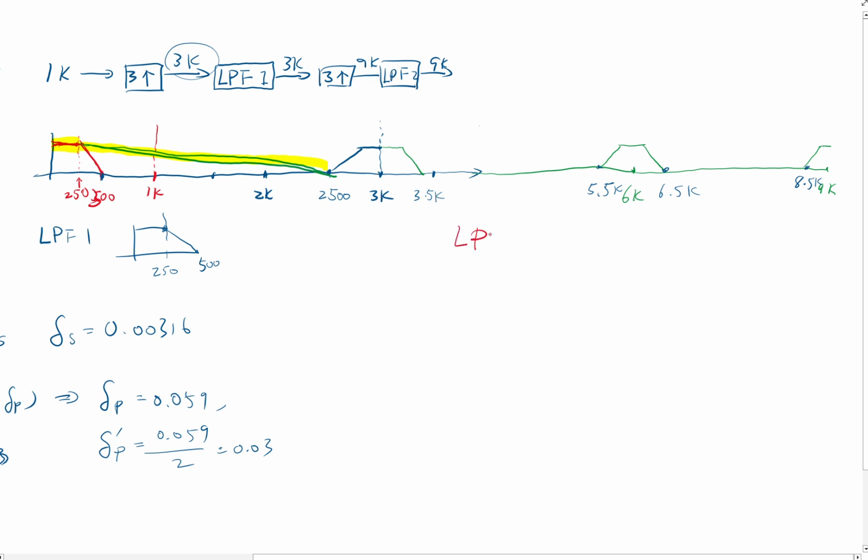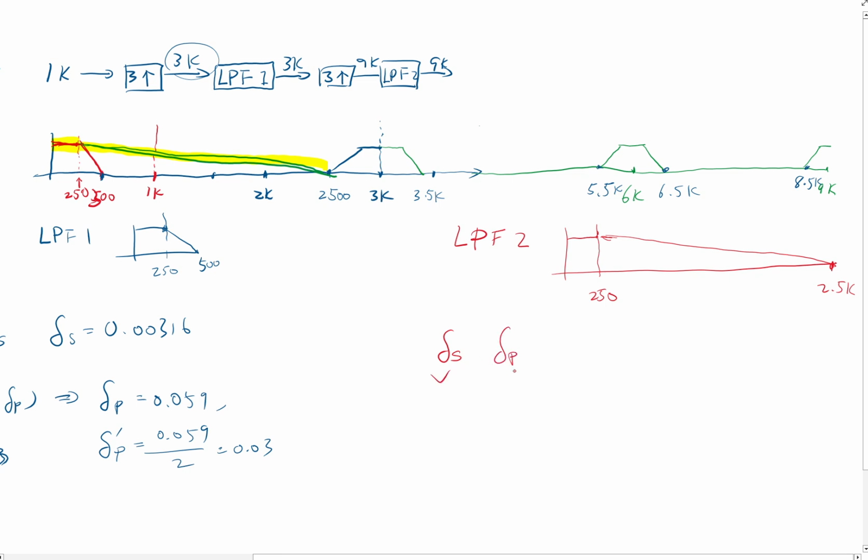So for low pass filter number 2, the passband here is 250, but the stop band can be 2.5K. So that is the filter. We know the stop band attenuation, check.